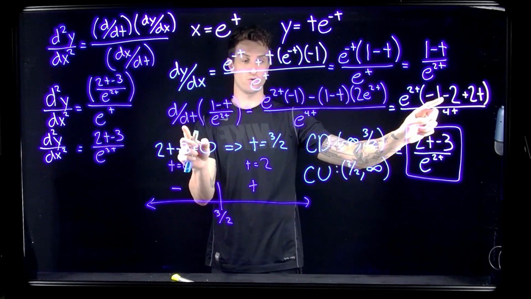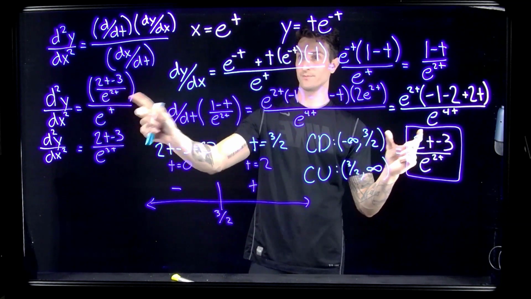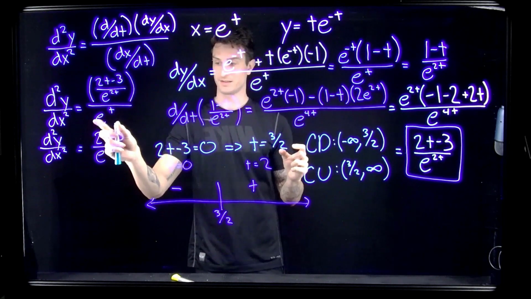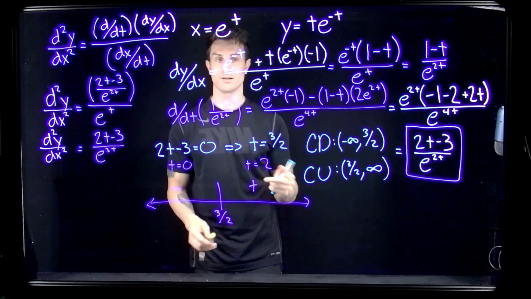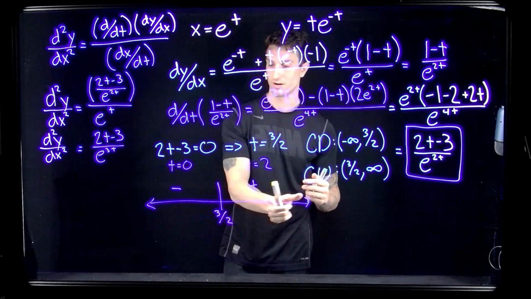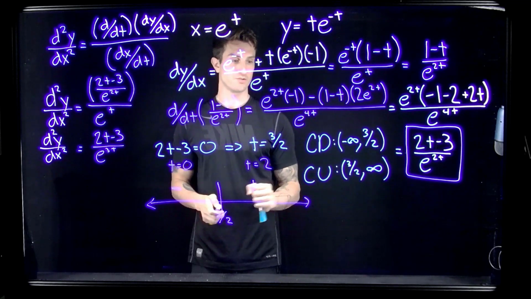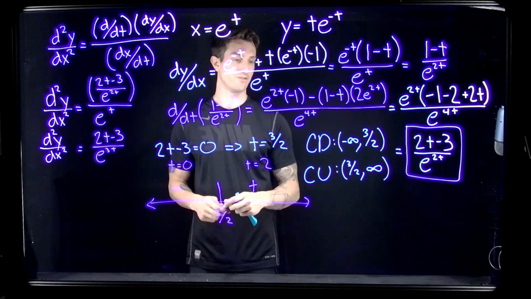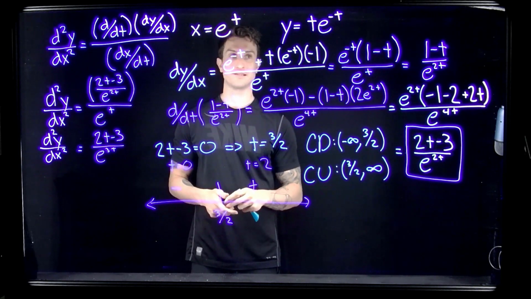So we end up with a quotient rule. Again, we simplify. That gives us our numerator. Our denominator is already done for us. After we simplify again algebraically, if we're interested in the concavity, we just draw our number line and we have some test points. So in this case, we have two sections, concave up and concave down. Okay, that is it for example 2.